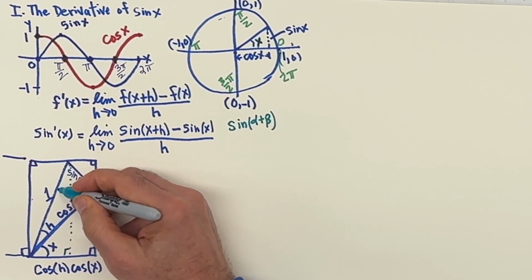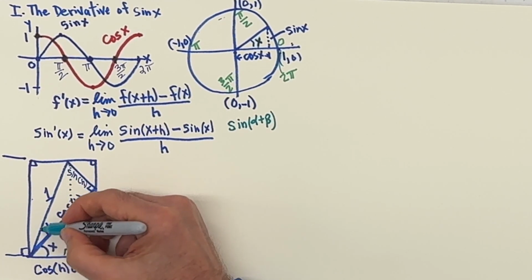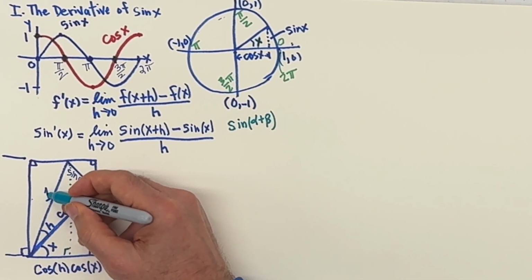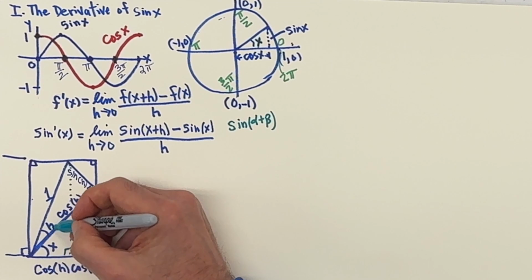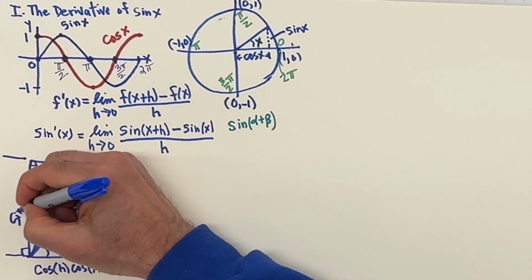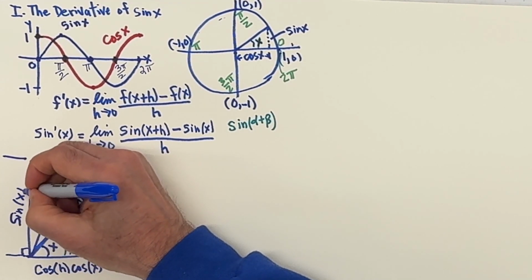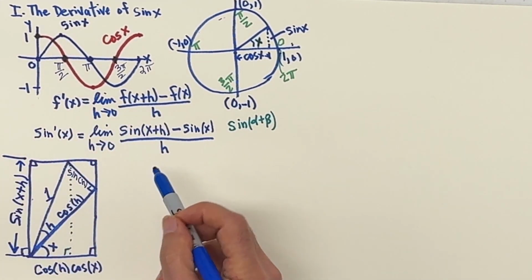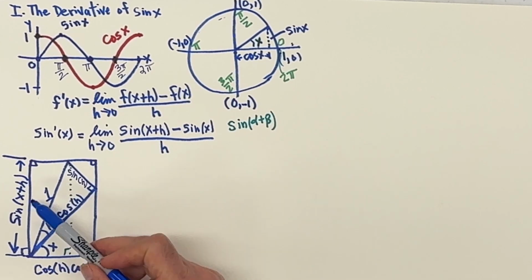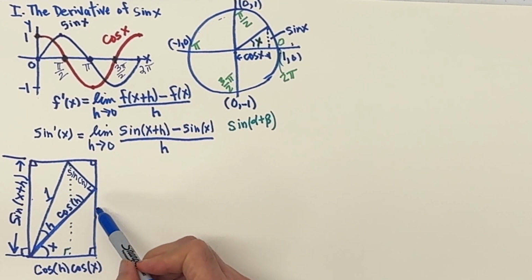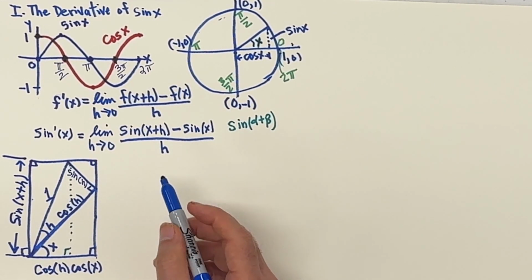So that's a hypotenuse of 1, but the angle is x plus h. So 1 times the sine of this combined angle is going to be that vertical height. So that means this is going to be the sine of the quantity h plus x, or x plus h. And that is indeed what we have here, and we're going to break it up into two pieces, this piece and that piece, and you're going to see that we're going to be able to work this out.